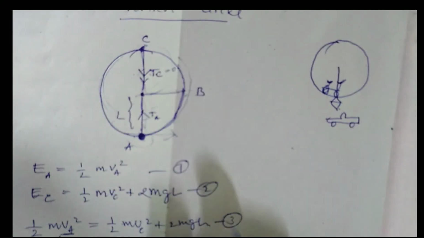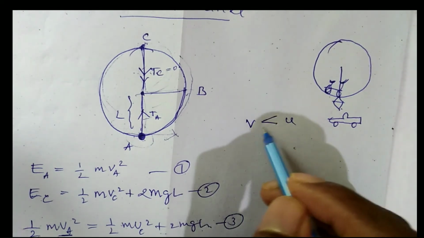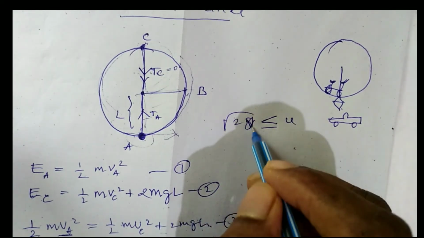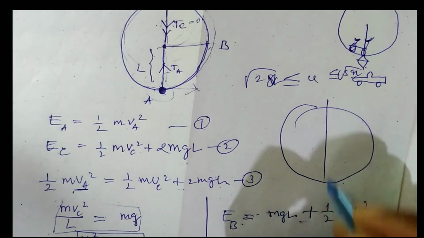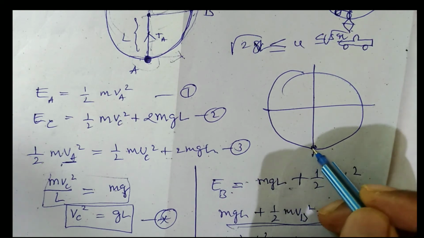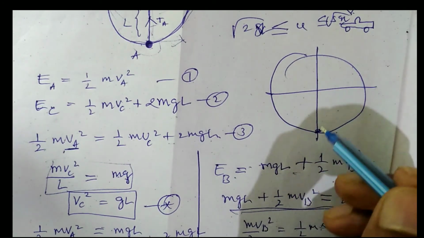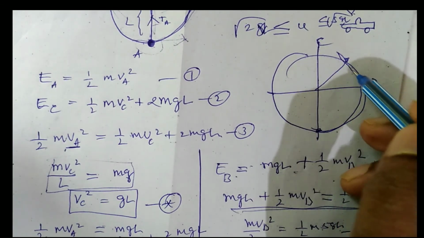And if suppose the initial velocity is greater than that of the 2gl and less than that of the 5gl, then what happens? Then again in the circle, if you apply the same equations, you are going to get tension becomes 0. Here velocity becomes 0 before the tension. Here tension becomes 0 before the velocity. So it will go from B to C position and comes back.